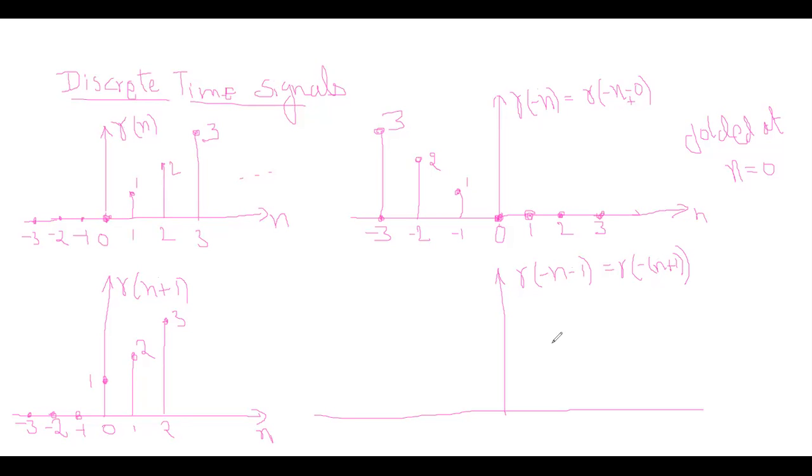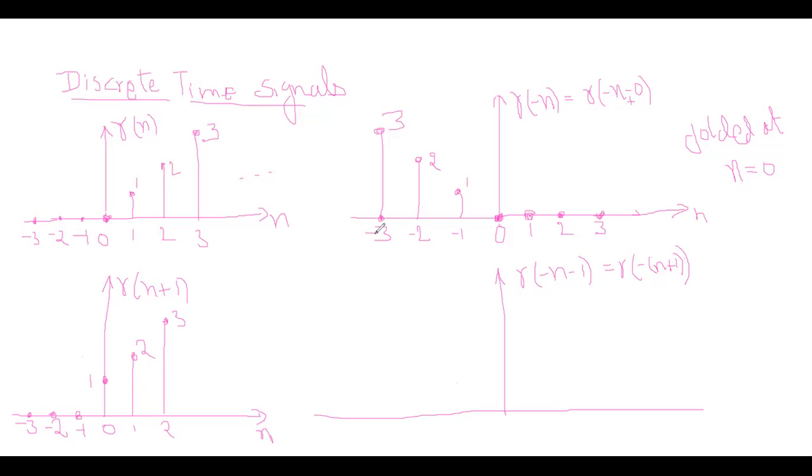Minus of n plus 1 means the folding occurs at minus 1. Otherwise, r of minus n minus 1 means r of n plus 1, as it is shifted towards the left side.